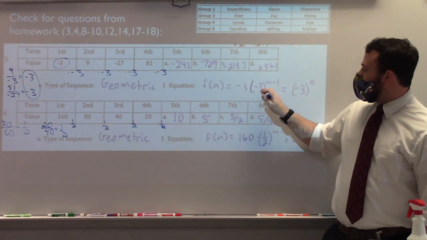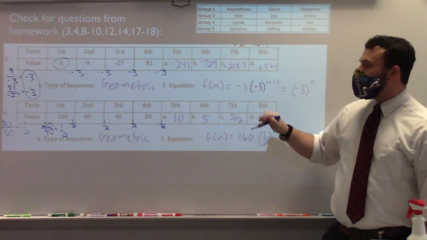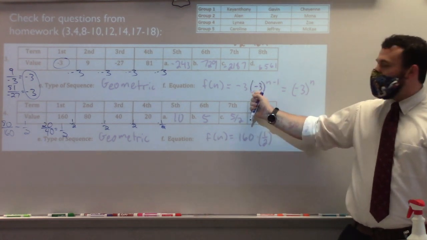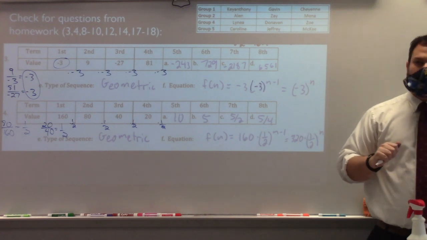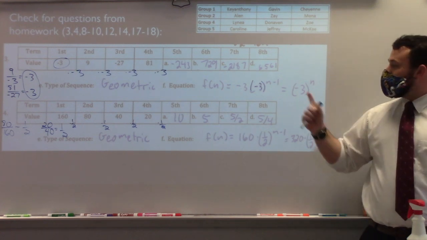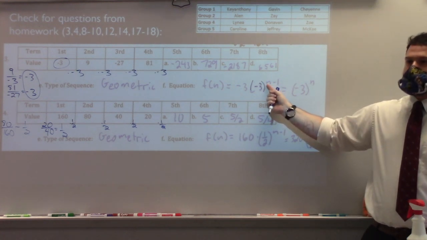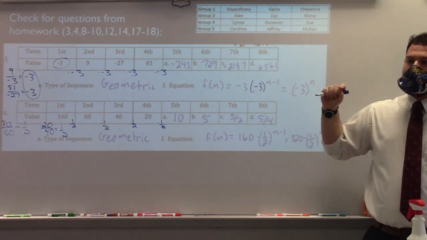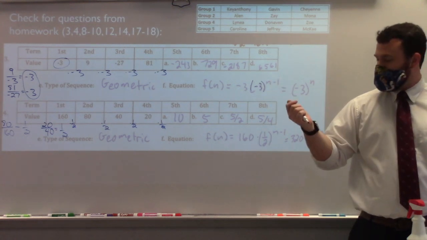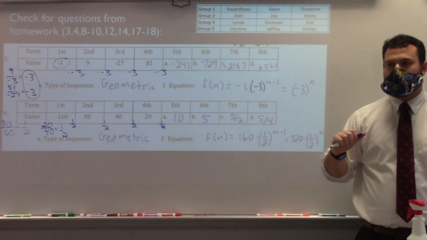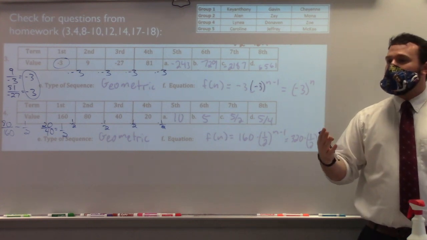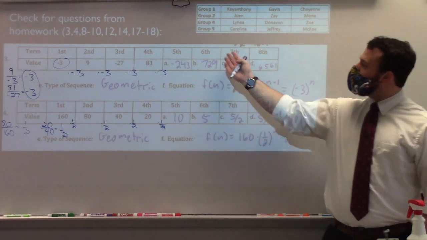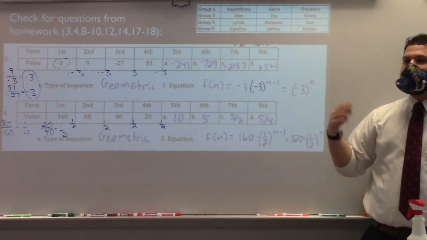So I multiplied by -3. And you know that I'm multiplying by this, because how do we mathematically show repeated multiplication? See how it has an exponent? Why is that exponent a variable? Because you don't know. You can decide whatever. So you don't know exactly how many times you're multiplying by -3, because it can change, right? That's the definition of a variable.